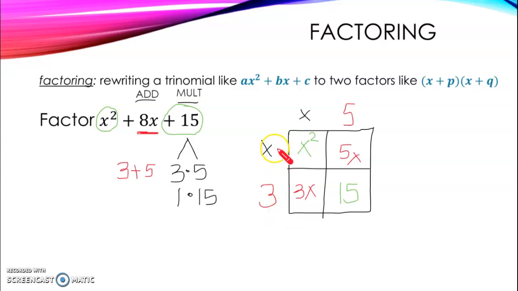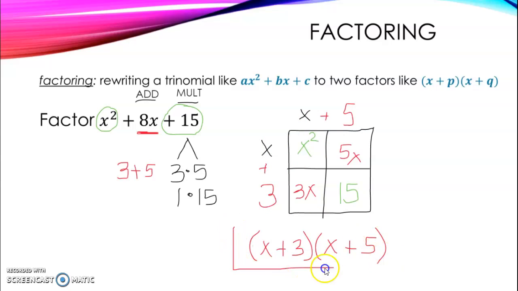Well, we basically found the length and the width of the box. I should add some plus signs here, but basically my two sets of parentheses are going to be x plus 3, which is labeled as the left side of the box, times x plus 5. And this is the factored form of this trinomial right here.